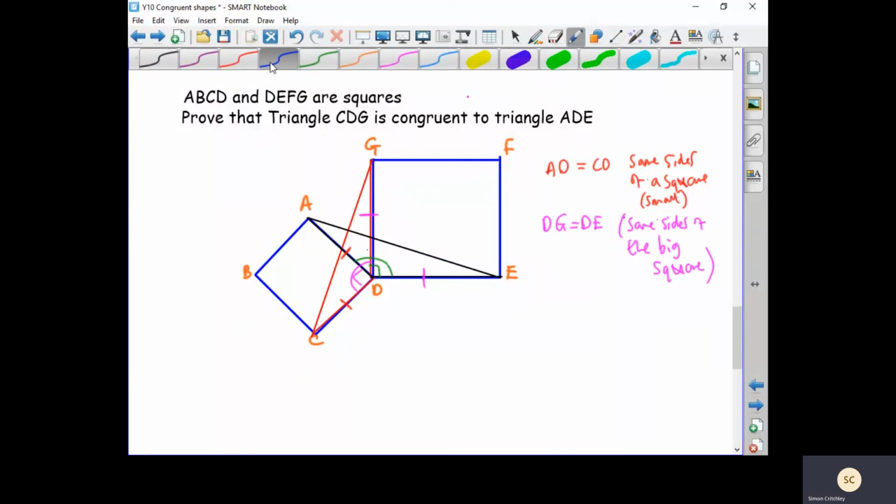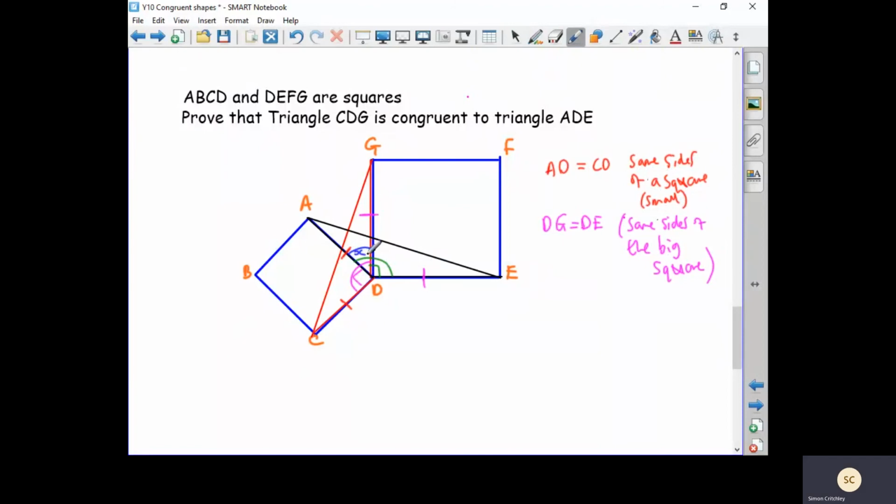I would call that extra little bit, the angle ADG, the angle X. So we can write down that angle CDG is equal to 90 degrees plus X, and also angle ADE is equal to 90 degrees plus that angle X. So therefore, angle CDG is equal to angle ADE.